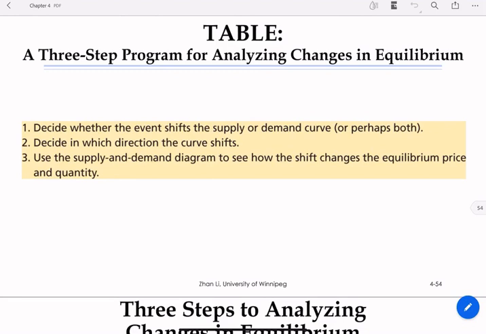And then you will want to figure out what is the direction, right? Whether the supply will increase or decrease, and whether the demand will increase or decrease. And then the third step is you would want to use the supply and demand diagram to see how equilibrium price and equilibrium quantity will change.